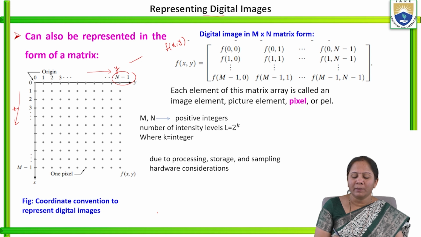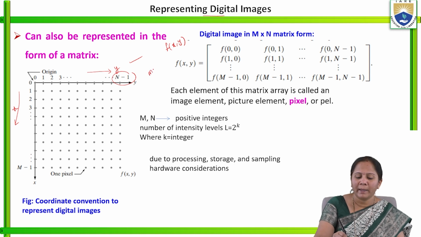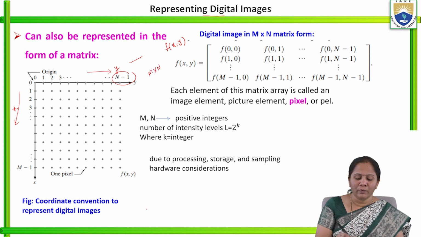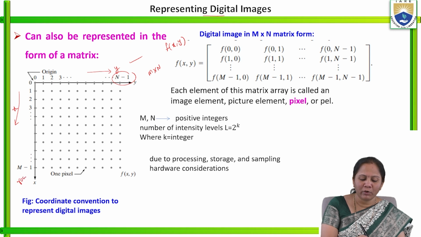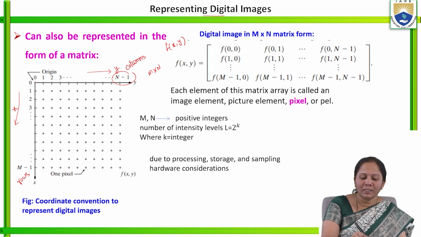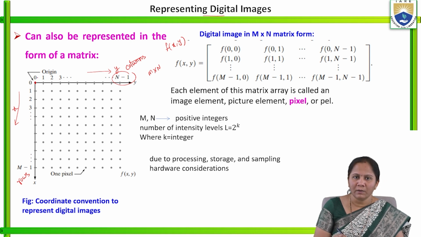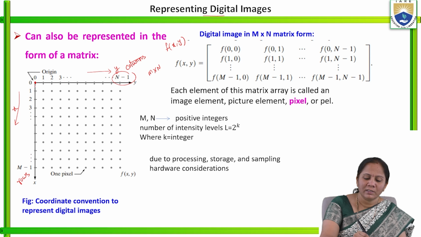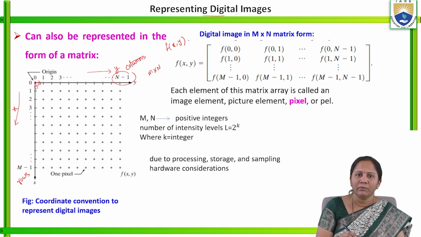So the image can be represented in the form of m by n, where m represents the number of rows and n represents the number of columns.